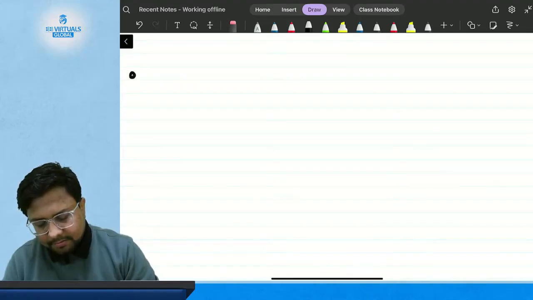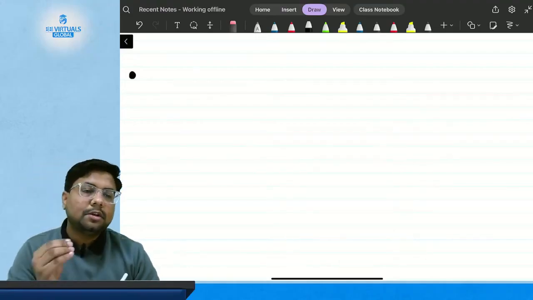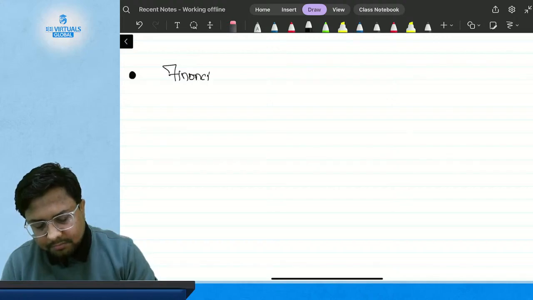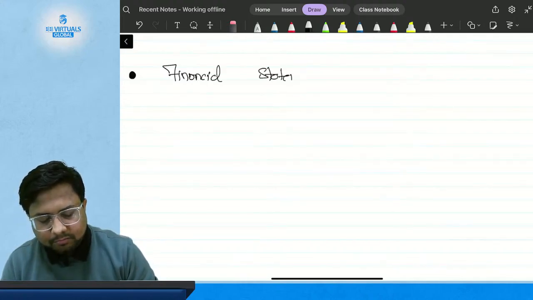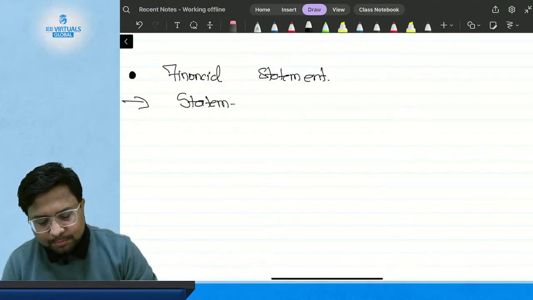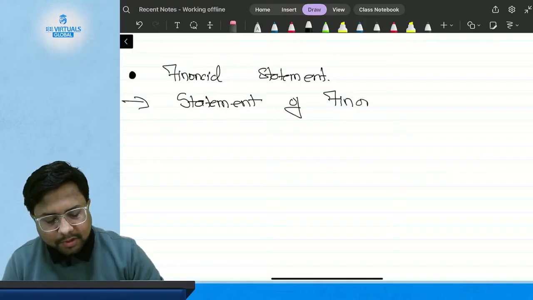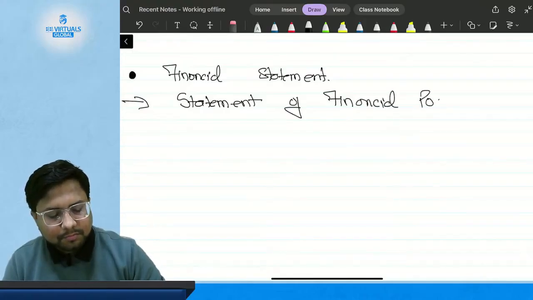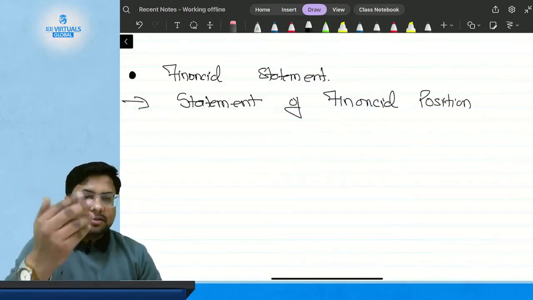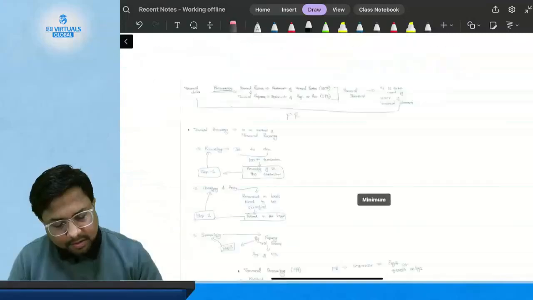Financial statements consist of 5 statements. First, the statement of financial position, which is the same statement that we have studied earlier in this chapter.